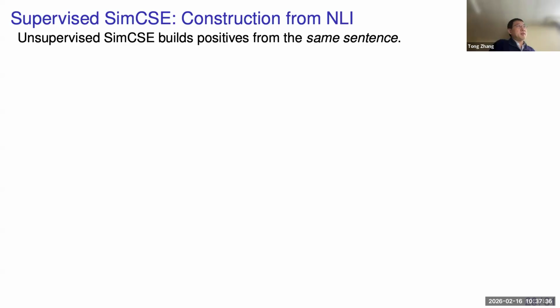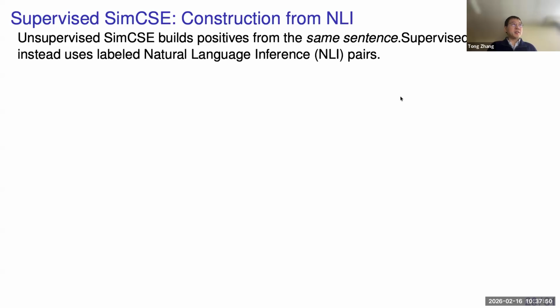Yeah. So let's look at the supervised setting. In the supervised setting, you have more positives from the same sentence. Again, this is a little bit LLM related. At that time, there were a lot of studies on so-called natural language inference. Now nobody is interested in this problem anymore because LLMs already solved it. But essentially, they created a lot of data.